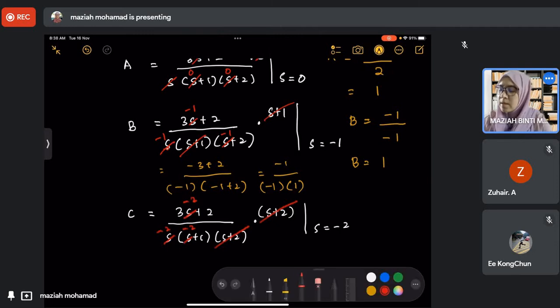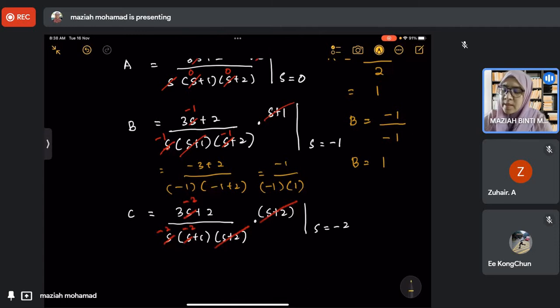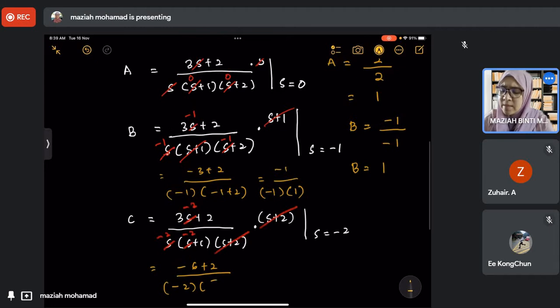So we have minus 6 plus 2 divided by minus 2 multiplied with minus 1. Therefore you get C equal to minus 4 divided by minus 2, it is 2.